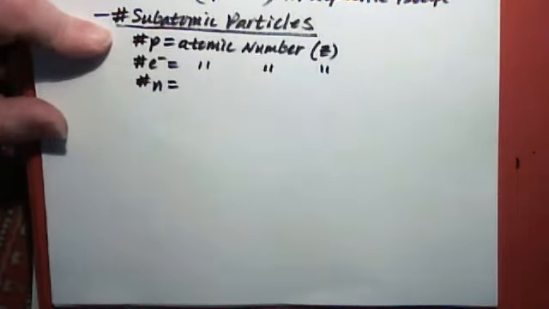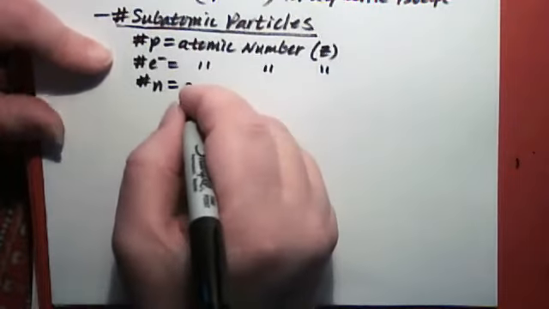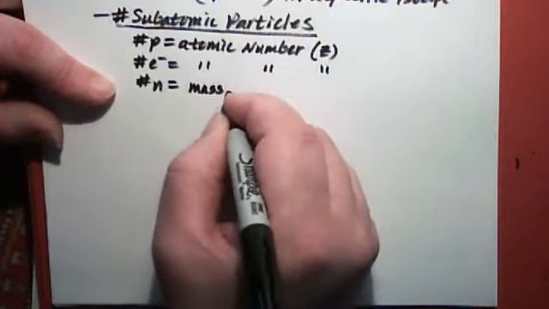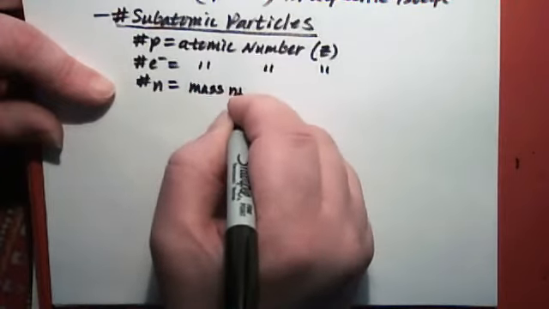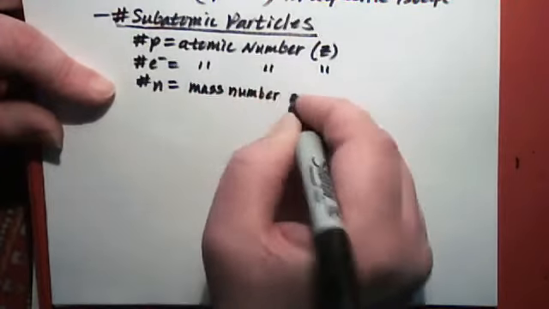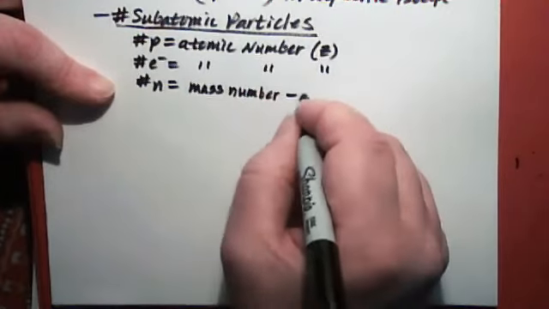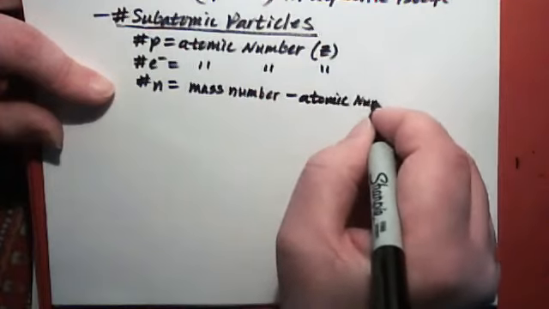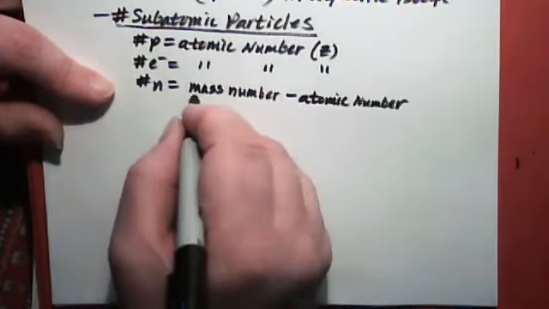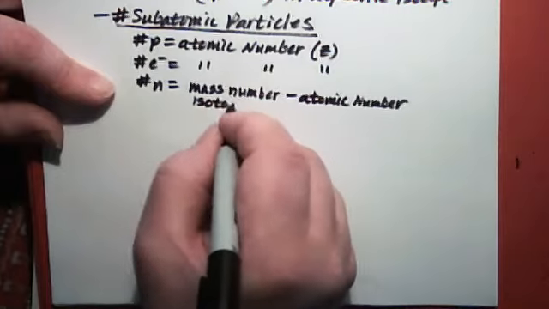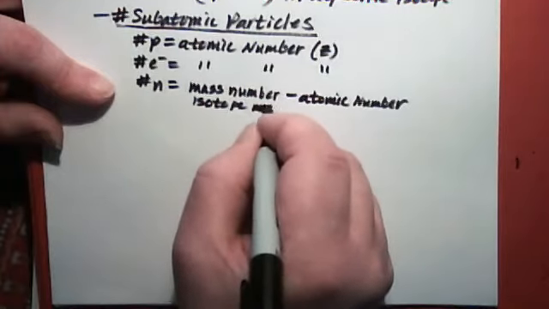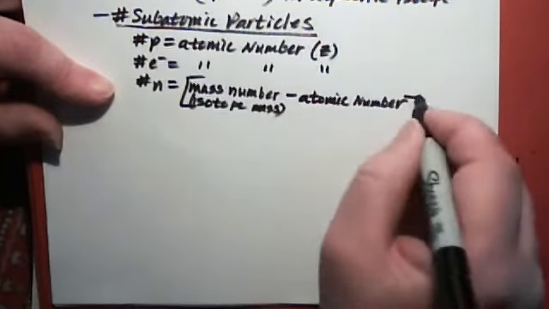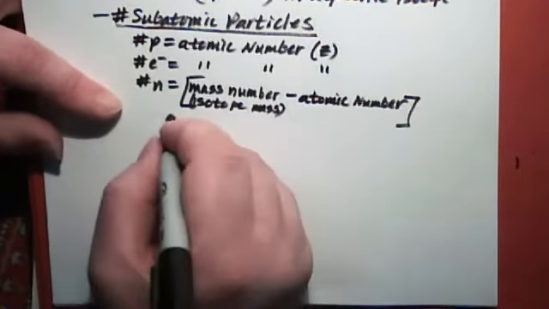The number of neutrons now will be the mass number minus the atomic number. But remember, the mass number is the isotope mass, not the mass from the periodic table.